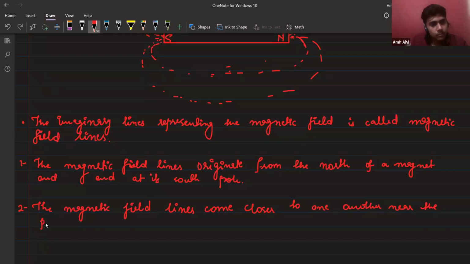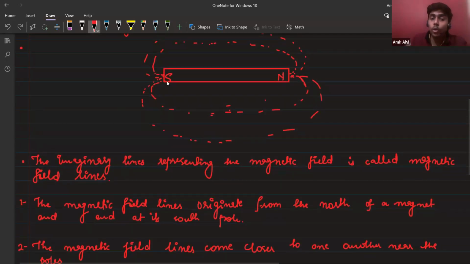Sir, if they come closer, they are likely to intersect, right? No, they will not intersect at all. The major property of a magnetic field line and an electric field line is that they don't intersect. They will be closely packed, very crowded, but they will not intersect at all. If they intersected, you would get two directions of the magnetic field, which is not possible. Yes, sir. No two magnetic or electric field lines can intersect.